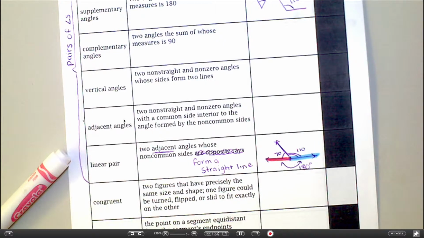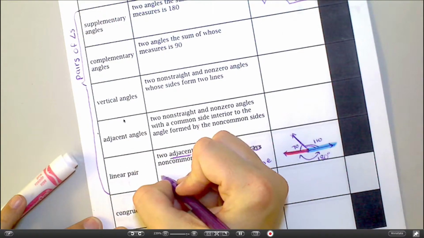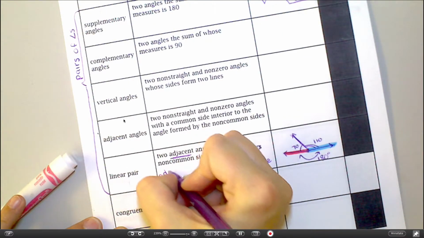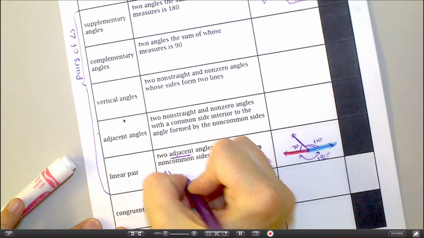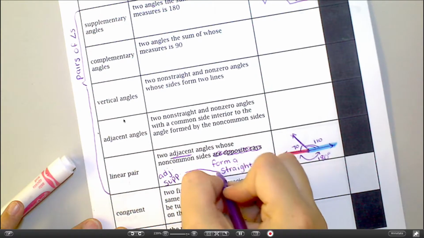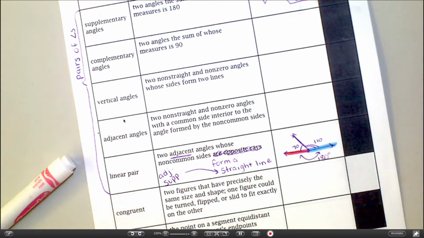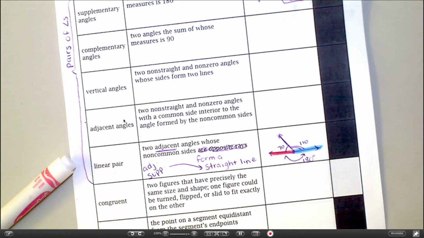I'm trying to think on your quiz if that would mess you up. No, I think as long as you knew that, that'd be fine. So adjacent supplementary angles, I like that too. So you could also just know that they are adjacent and supplementary. Because if they're supplementary, then they automatically form a straight line, because a straight line is 180 degrees.